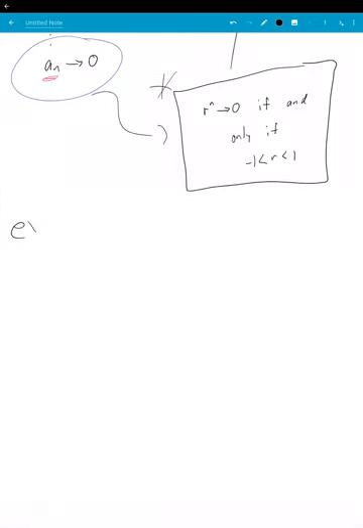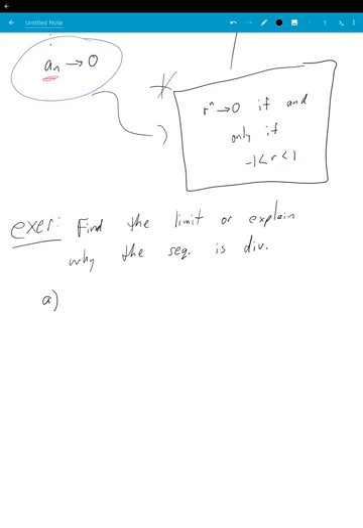And now for an exercise to conclude our video. What do we got? Find the limit or explain why the sequence is divergent. A: a_n is equal to root n over n.